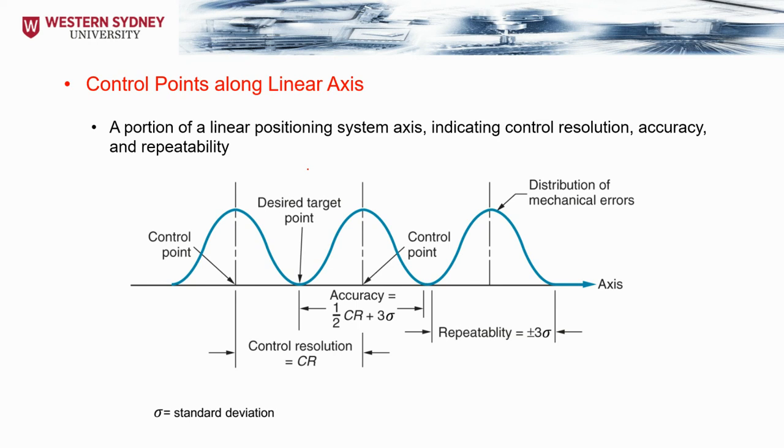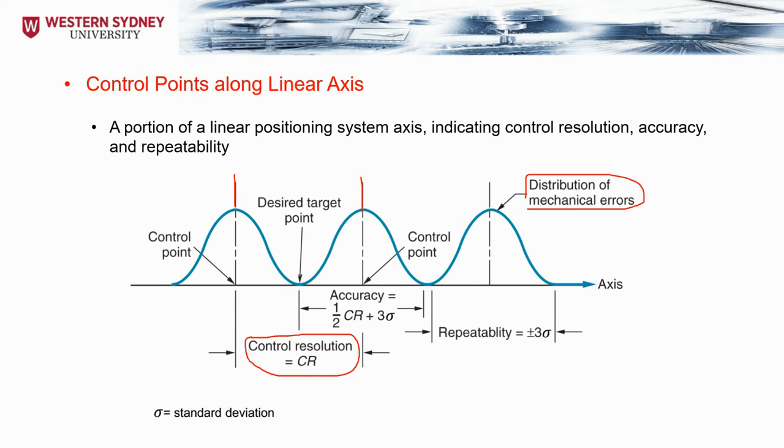In this diagram, you can see the control points along the linear axis, where we have a portion of a linear positioning system axis indicating the control resolution, the accuracy, and the repeatability. Take a look at that diagram. You can see the distribution of the mechanical errors along the axis. From peak to peak, we have what we call the control resolution.